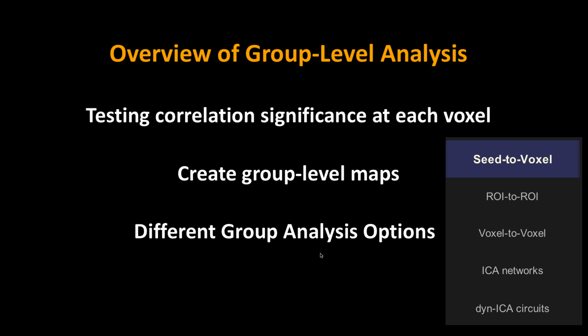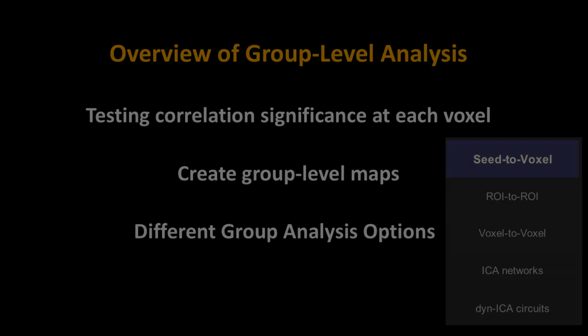And ICA networks are what you would traditionally see in a task-based analysis, where you extract different components from the network. But in this case, we're just going to be focusing on these first 2. I haven't worked as much with these, so I can't speak too much about how you'd use that for an actual research question. But these first 2 are very straightforward for most questions I'm assuming people are interested in this particular context.